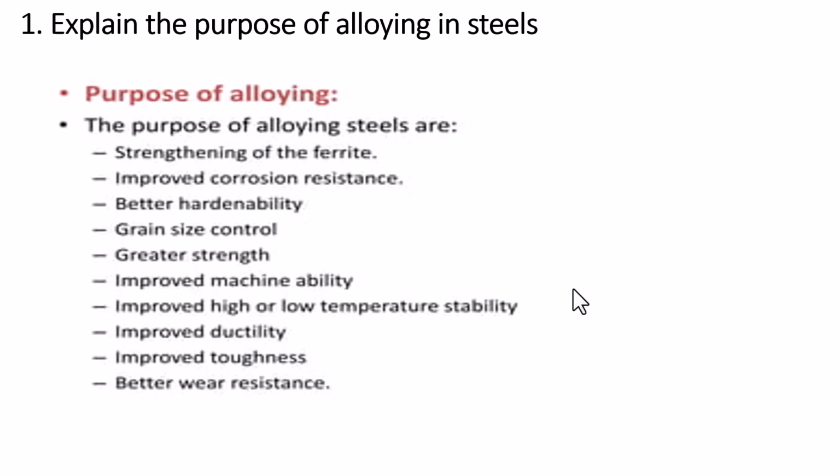The steel has to work at different temperatures, so it must be stable at the temperature where it is working. Improved ductility, improved toughness, better wear resistance. These are the important properties or purposes of alloying.